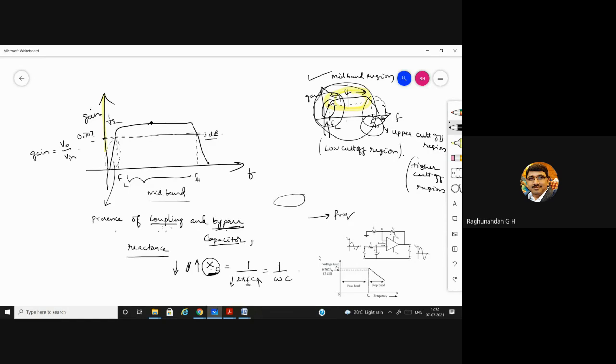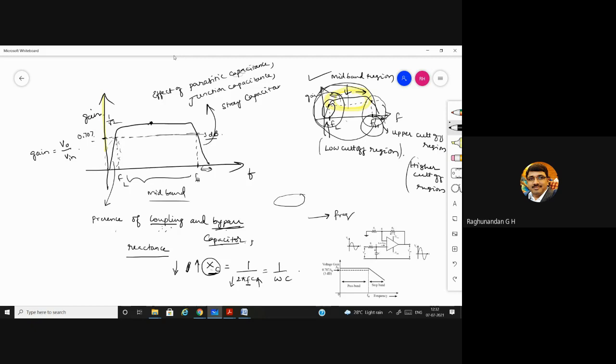After that, the gain starts decreasing, because when you cross some particular frequency range, there will be no effect of the coupling and bypass capacitors, but the effect of the parasitic capacitance, junction capacitance, stray capacitance.